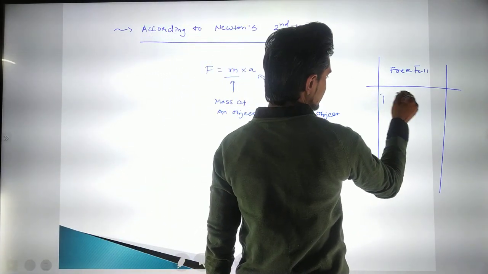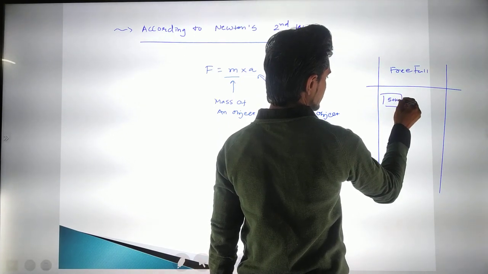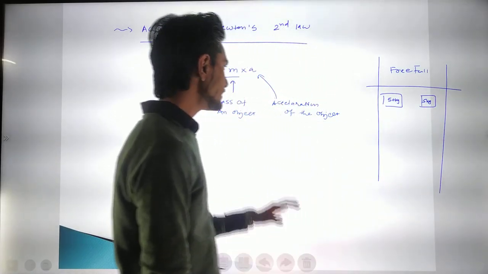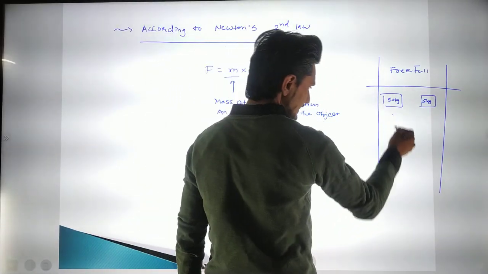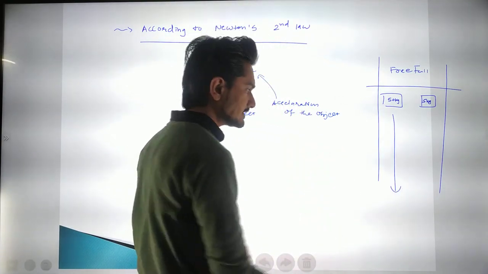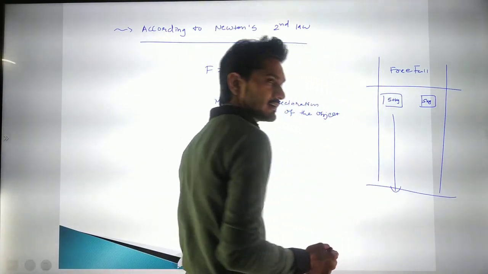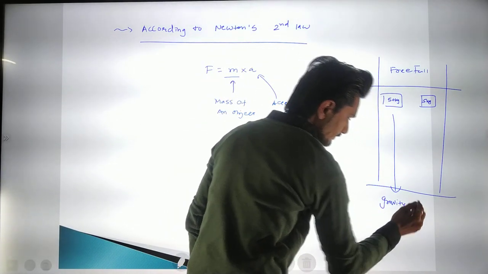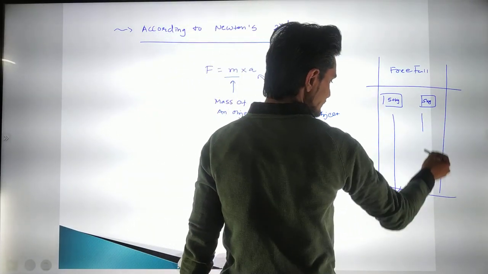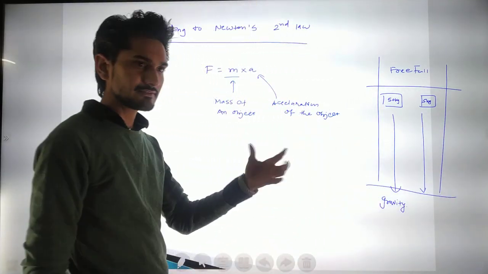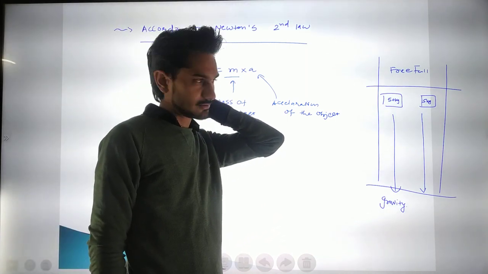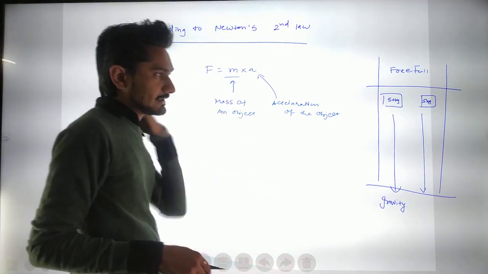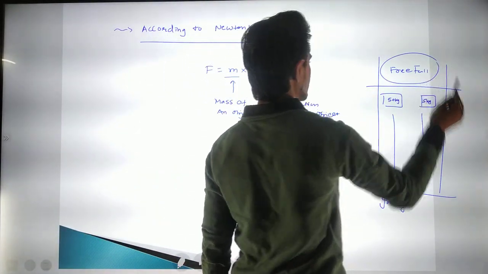If one object has a mass of 15 kilograms while the other has a mass of 5 kilograms, then according to Newton's second law, the 15 kilogram object will touch the surface of the earth first because of gravity, and the 5 kilogram object will hit the surface of the earth after that. That is the topic from Newton's second law, and we also understood the free fall concept from it.